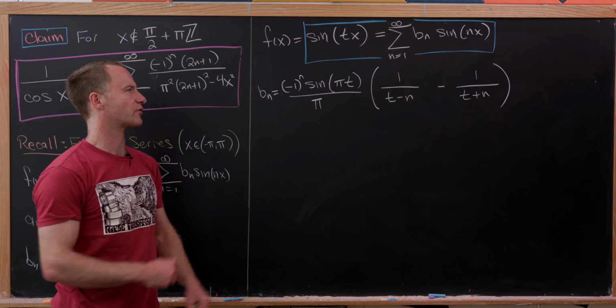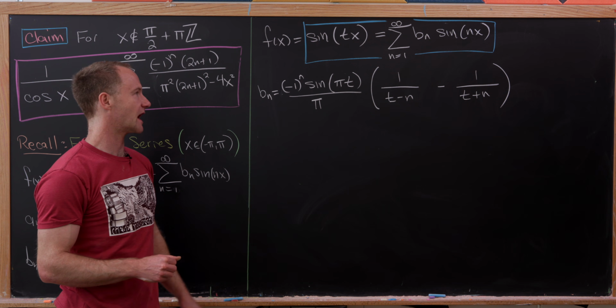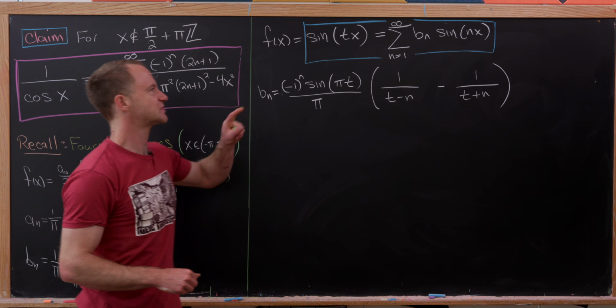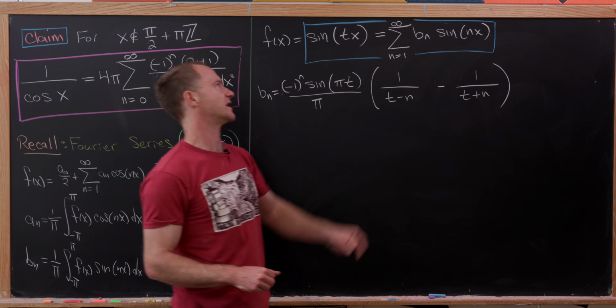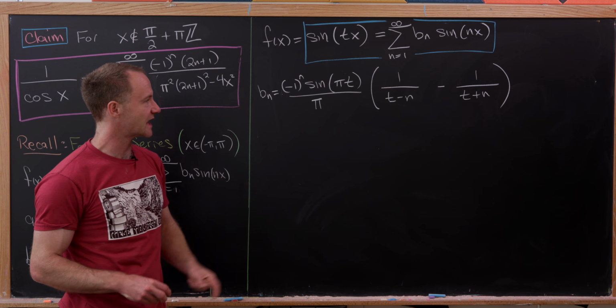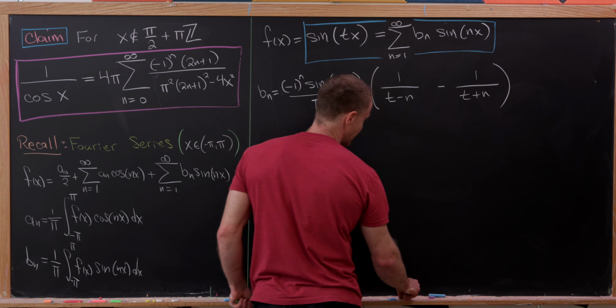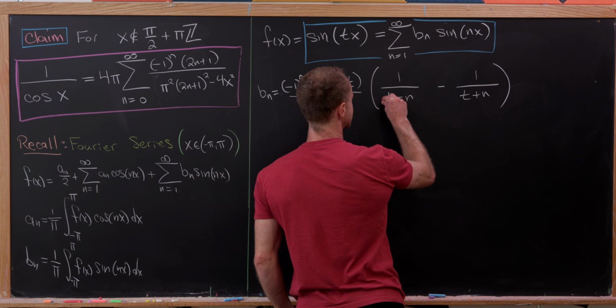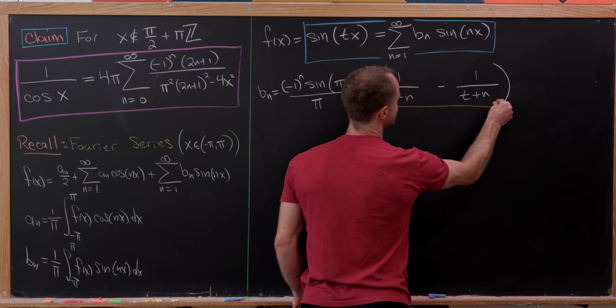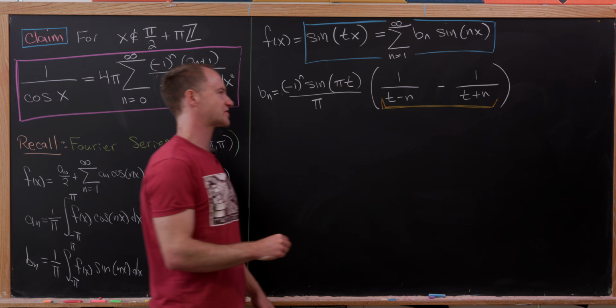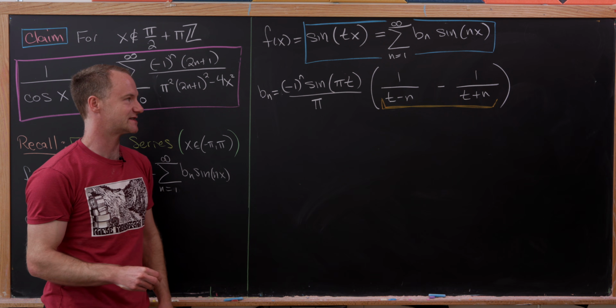So I did a little bit of rewriting, just like factoring things out. But our b_n coefficients, which was all that remained for our Fourier series of sine of t times x, were equal to this object right here. And now I guess the game at this point is to combine these two, things that are rational functions in our variable t.